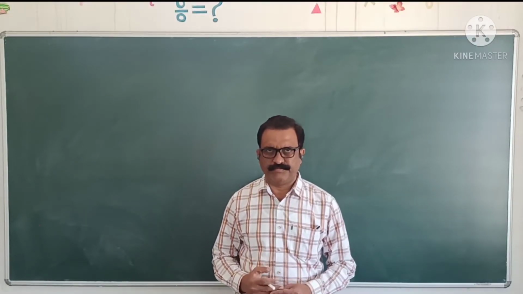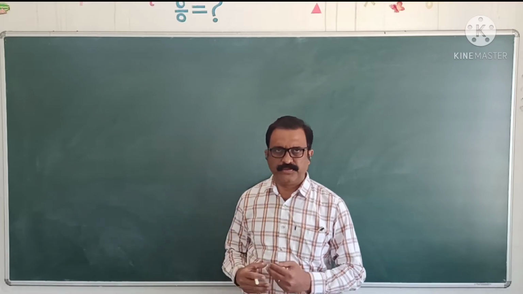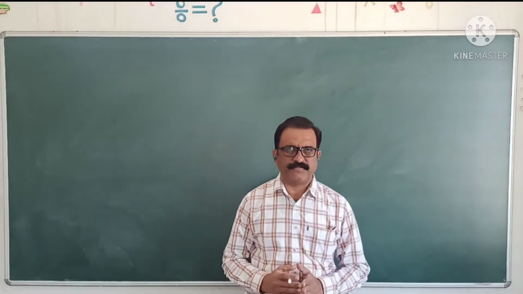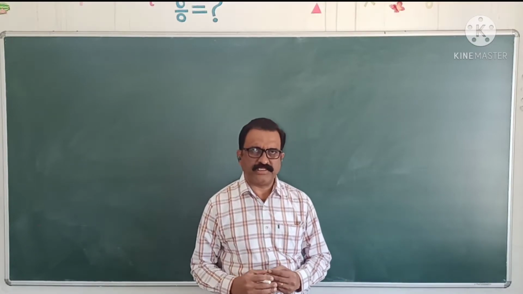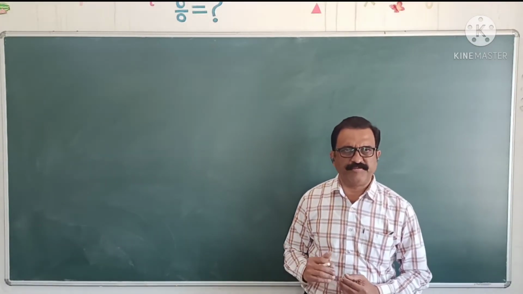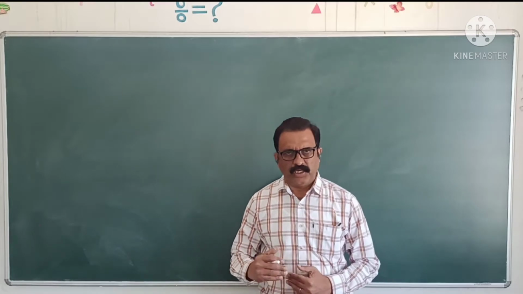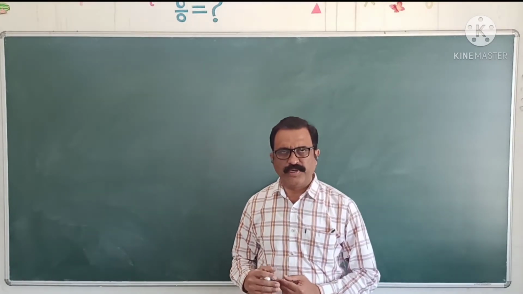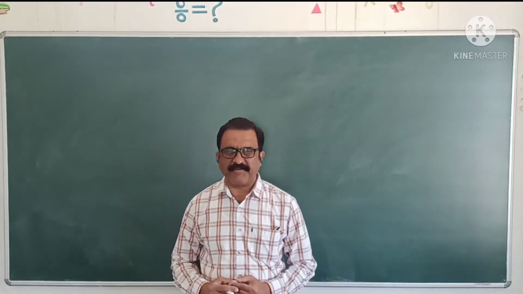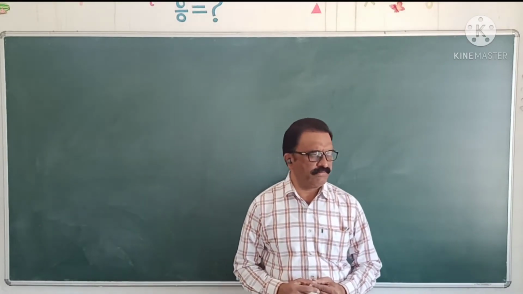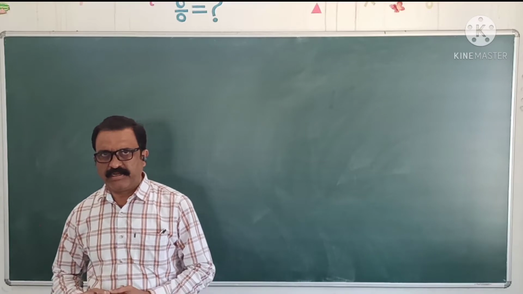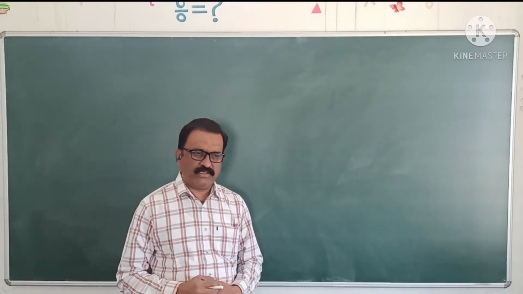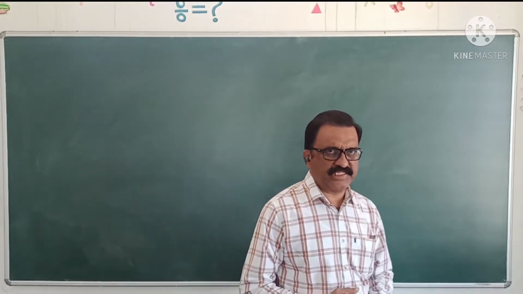Welcome. In the last video, we discussed the rate, the average rate as well as the instantaneous rate of a chemical reaction. Today, we will learn about a graphical representation of instantaneous rate of reaction and one example to explain the instantaneous rate.